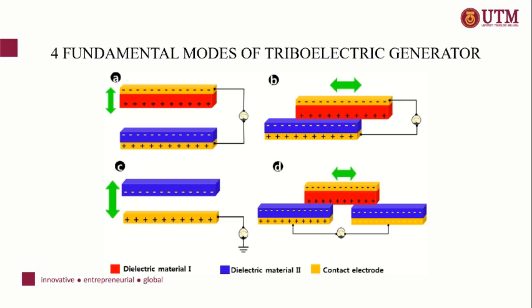Based on in-plane sliding between two materials with distinct tribopolarity, a triboelectric generator can be manufactured. The periodic change in the surface contact area is caused by intensive triboelectrification induced by sliding friction.